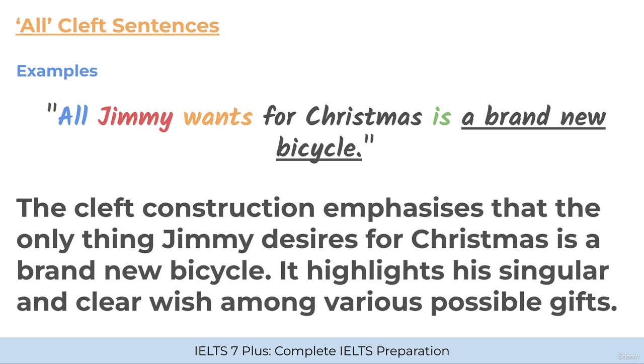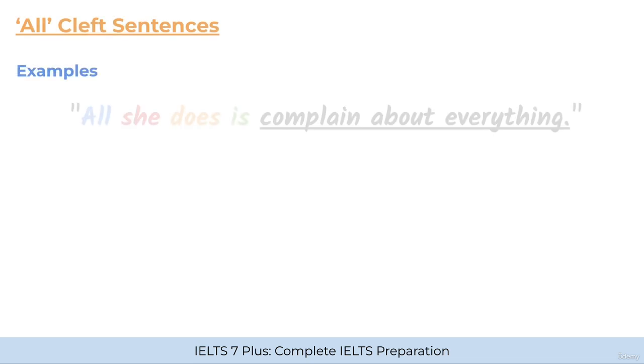If you were to take that out of the cleft sentence, you could say, Jimmy wants a brand new bicycle for Christmas. But we really want to focus in on the emphasis here. So hopefully you can see how this works very well for drawing attention to something. Let's do another one.